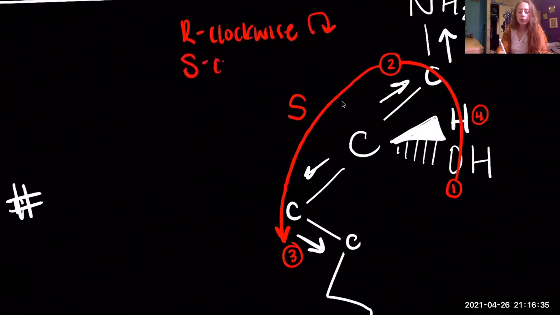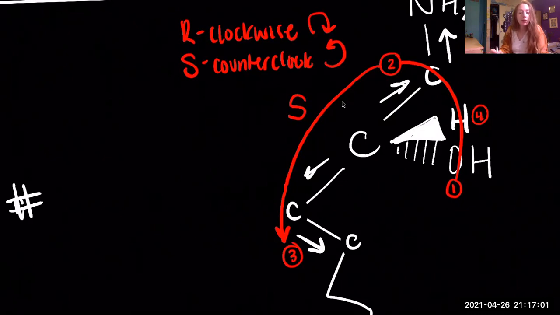S is counterclockwise. It's going this way. R could be interpreted as right-handed. S is short for sinister, so that's like indicating left. So counterclockwise, in this case, we have an S.